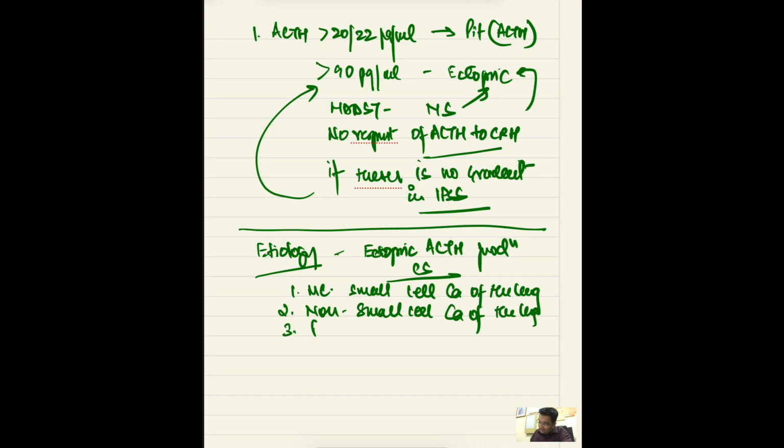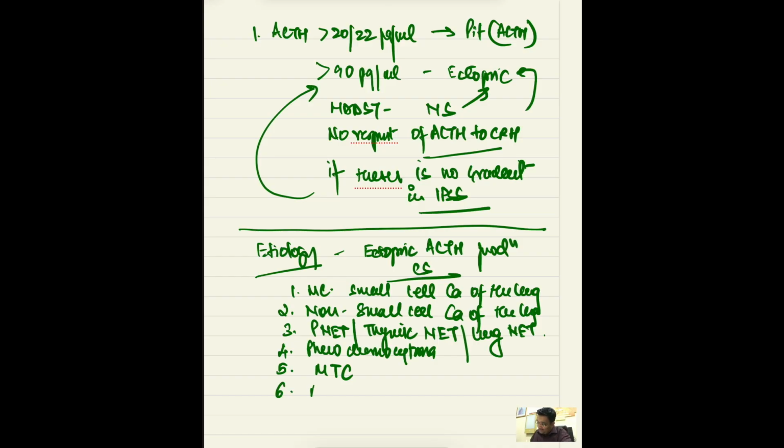Then there is pancreatic NET, then thymic NET, NET being neuroendocrine tumor, and then lung NET. Then there can be pheochromocytoma, medullary thyroid carcinoma, and very rarely CA breast, prostate, and CA colon or CA gallbladder.